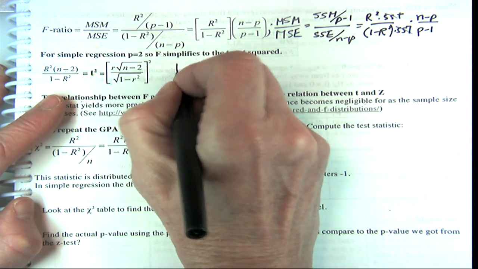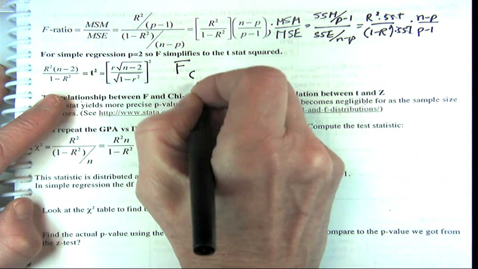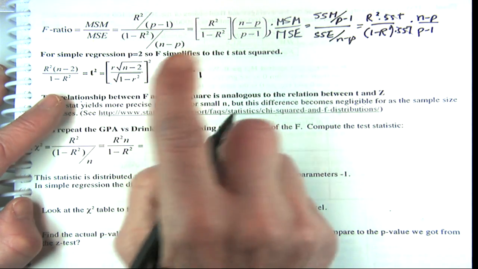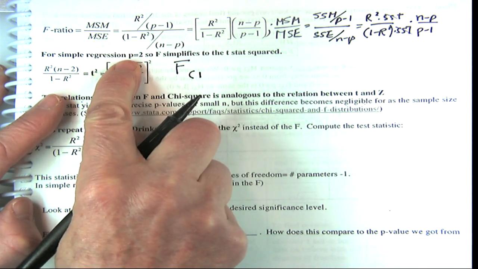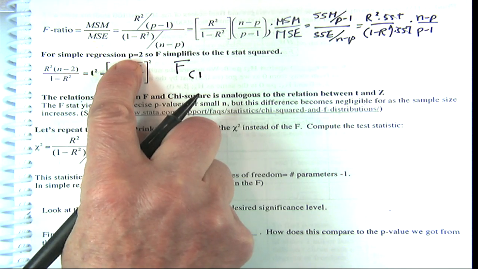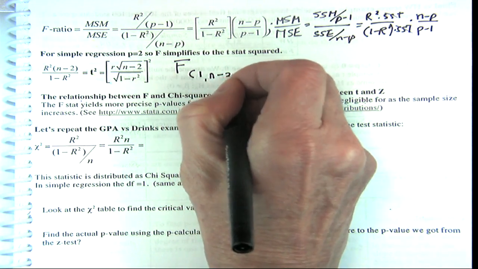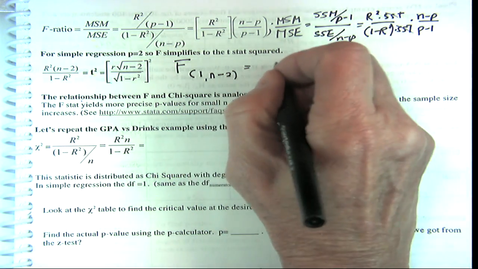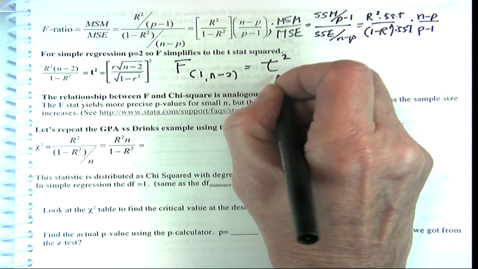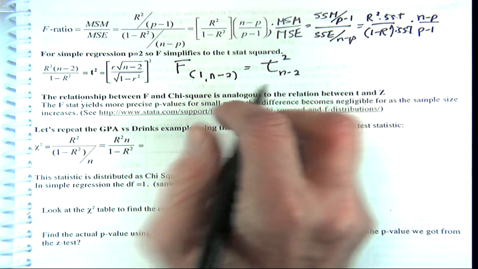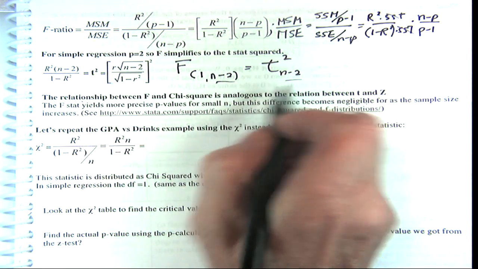So we have the F-stat with just 1 degree of freedom. That's p is equal to 2, so 1 degree of freedom. And n minus p, n minus 2, in the denominator, that's going to be the same thing as t squared with n minus 2 degrees of freedom. See, these degrees of freedom are the same.